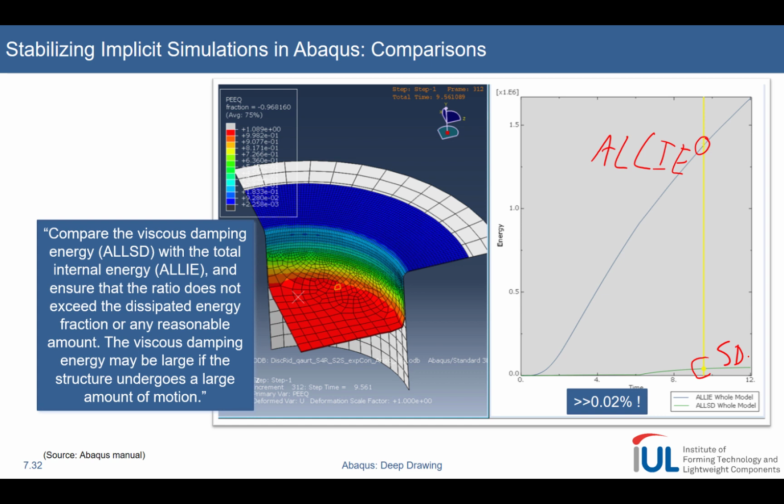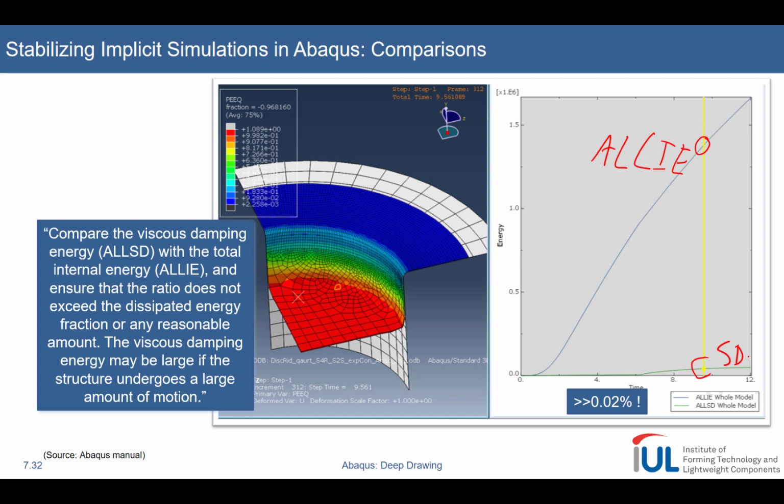If you look at the graph on the right, you see that your viscous damping energy vastly exceeds the 0.02%. And this is a very good indicator that your step stabilization approach causes a very unphysical result.